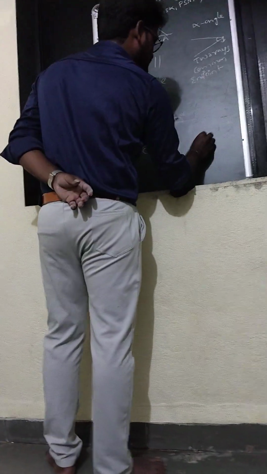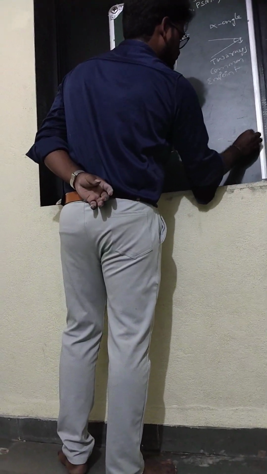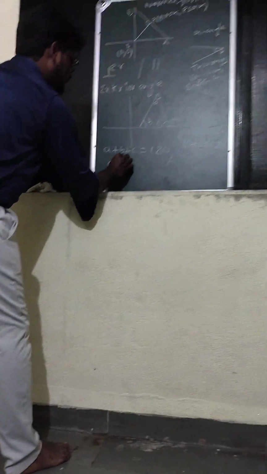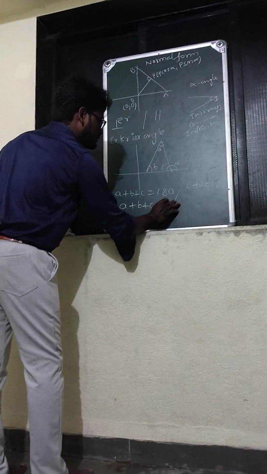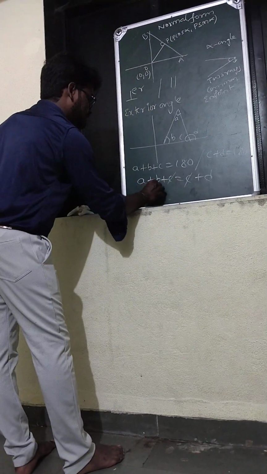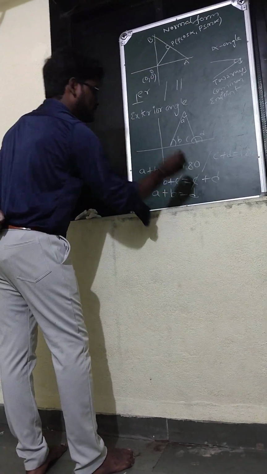In a straight line, C plus D equals 180. So A plus B plus C equals C plus D. Cancel C, then A plus B equals D.